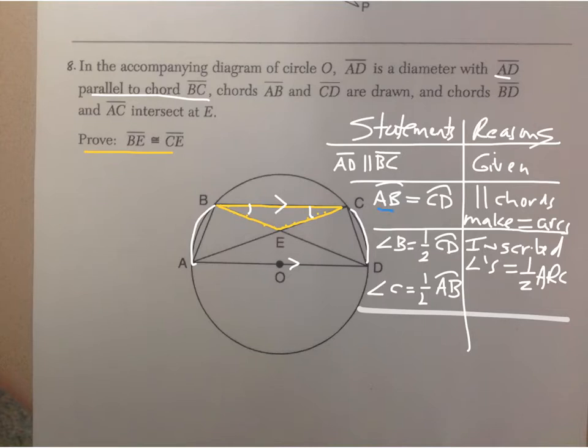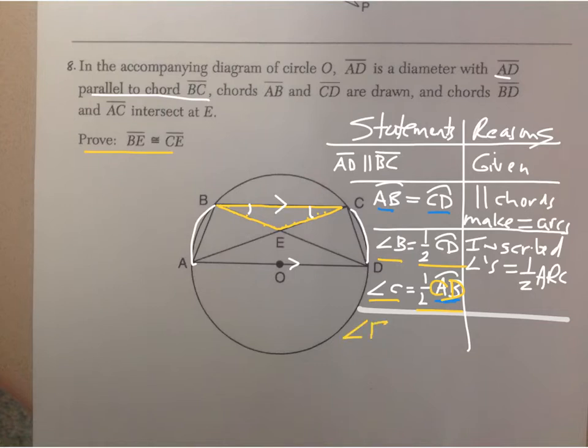And since AB and CD are the same, I could replace AB with CD. And if I can replace AB with CD, then angle C is half of CD, and angle B is half of CD.